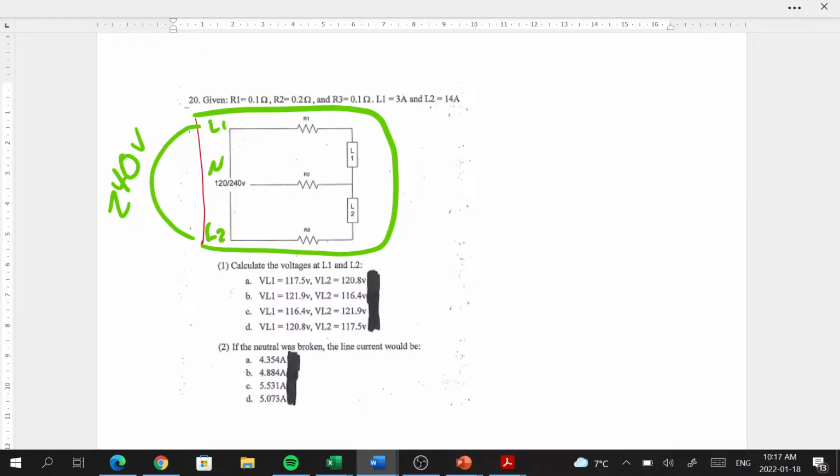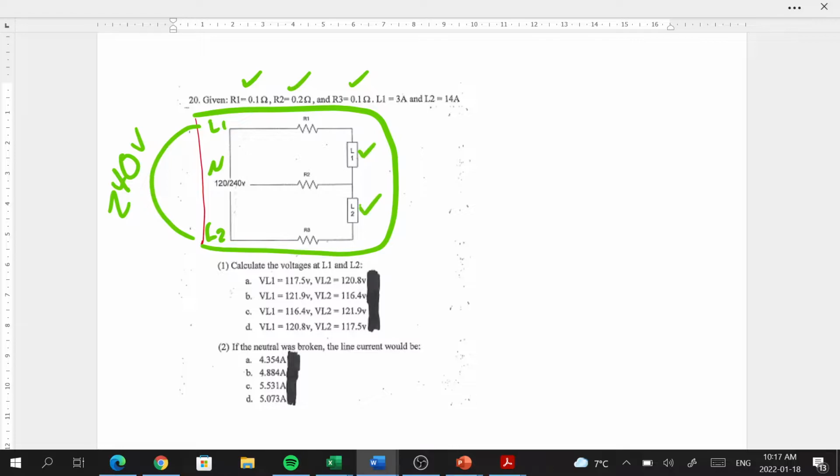So in this particular question, we're given the resistances of the conductors themselves. Every conductor has an internal resistance that we need to account for, and that internal resistance is going to create a voltage drop along the conductors, which is going to eat into the voltage available at the loads.